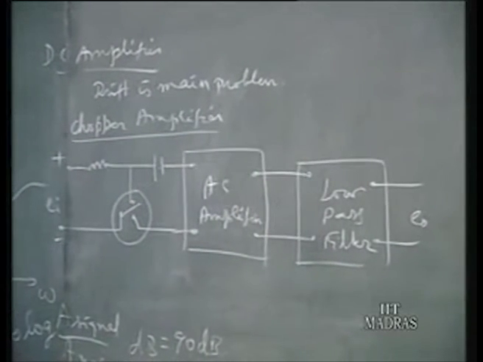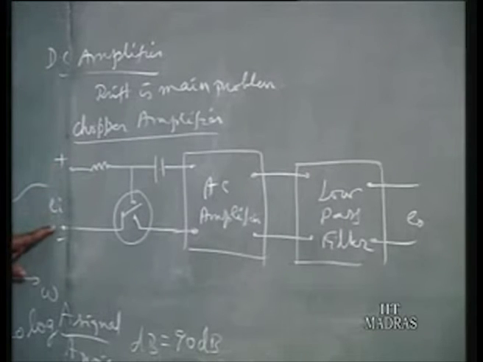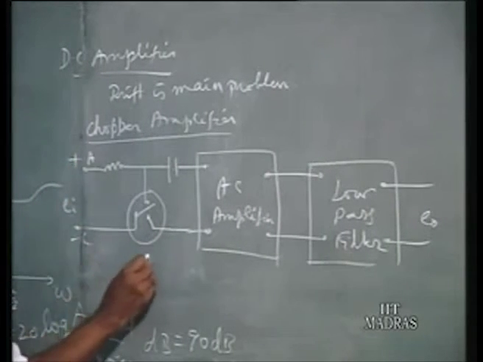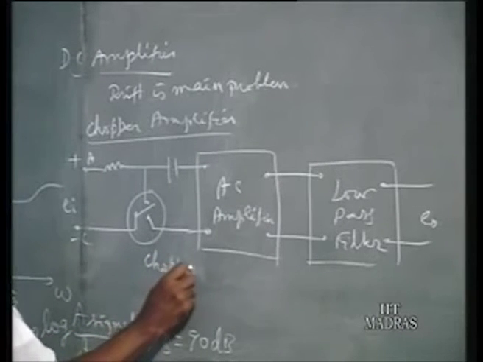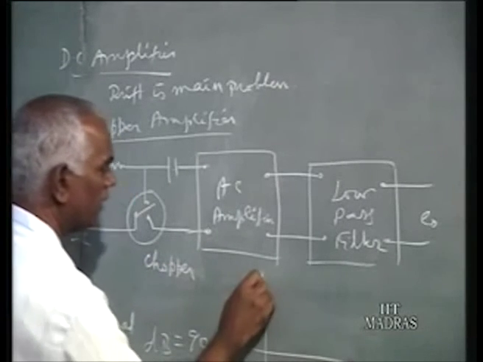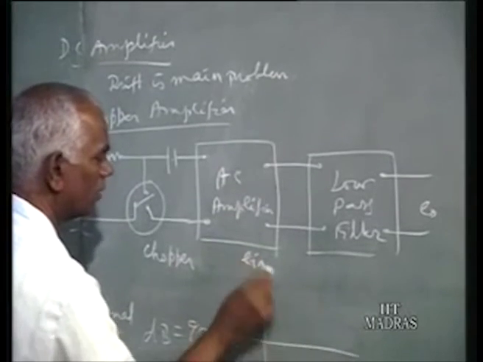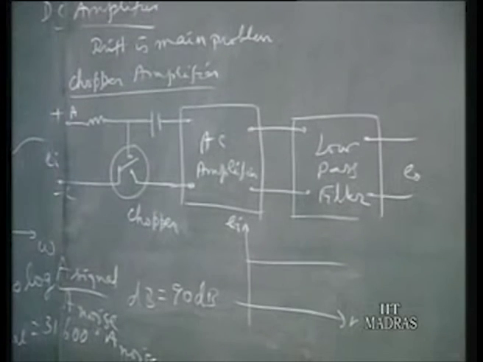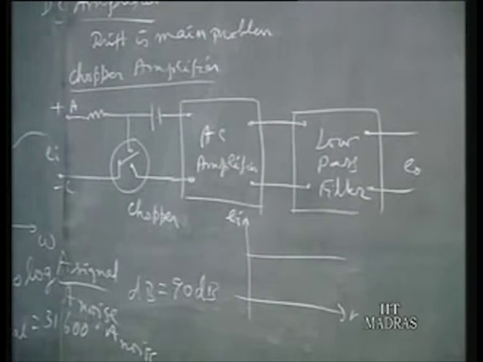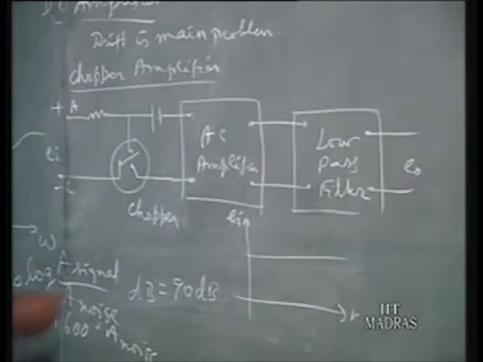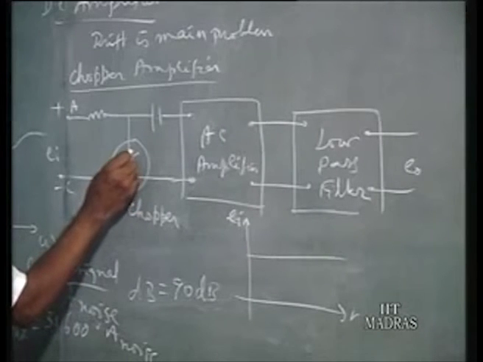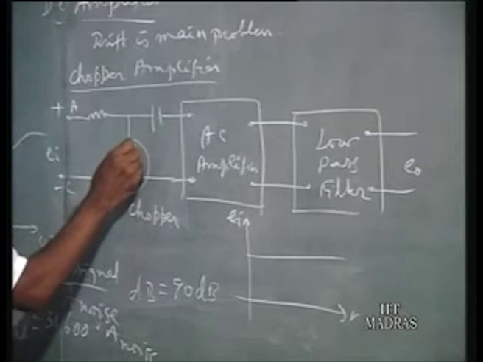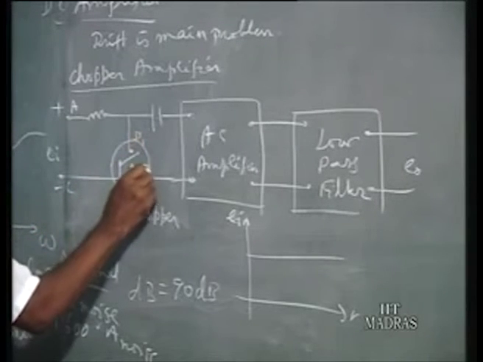Here what is done is the DC voltage applied across, say, terminals AB is used by using a chopper. So this is your EI versus time. It was originally a DC voltage which is applied here, but by using the chopper, the contact is alternately made between point P1 and P2.